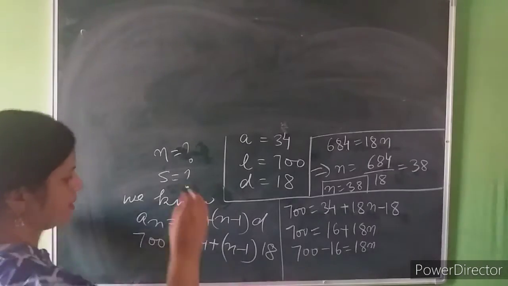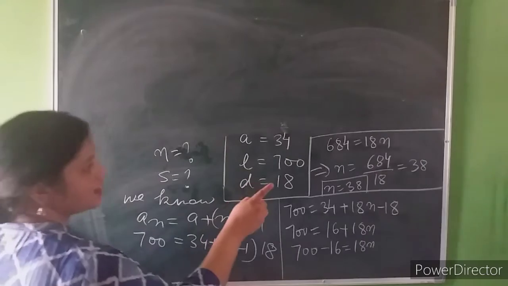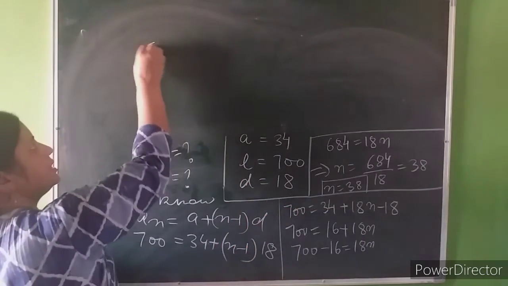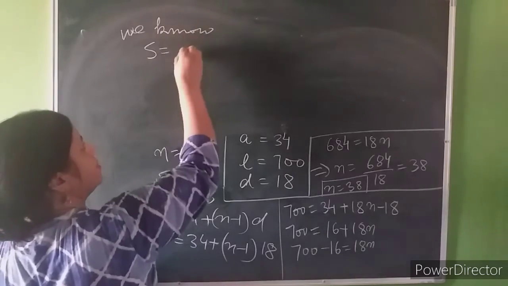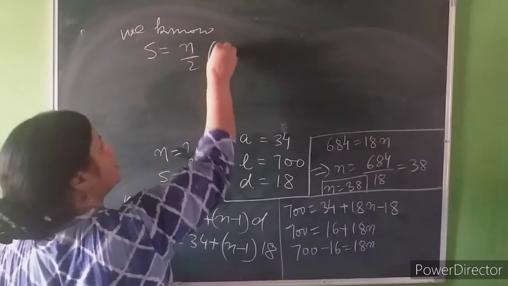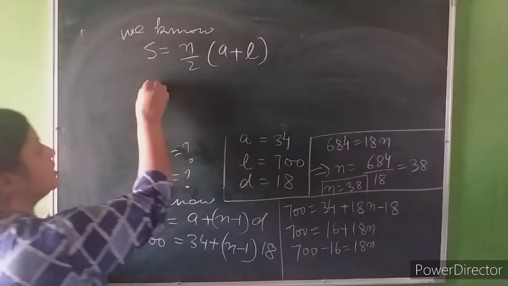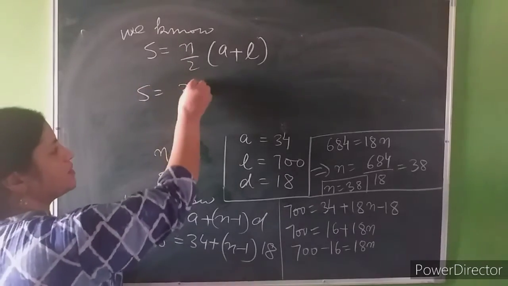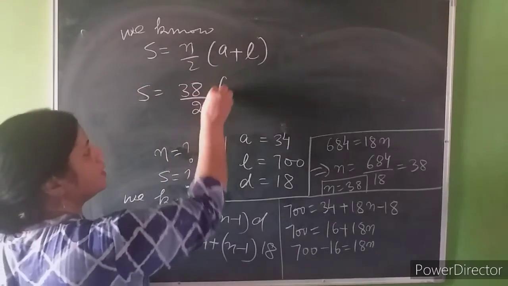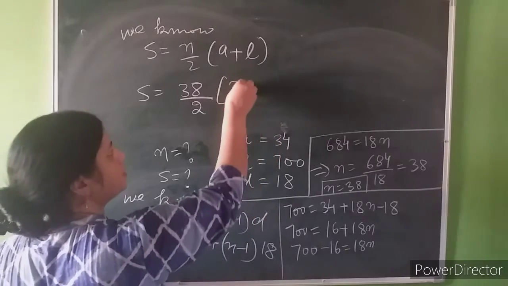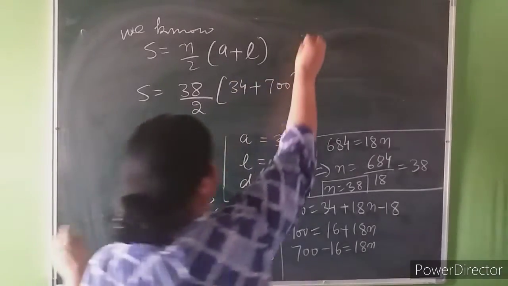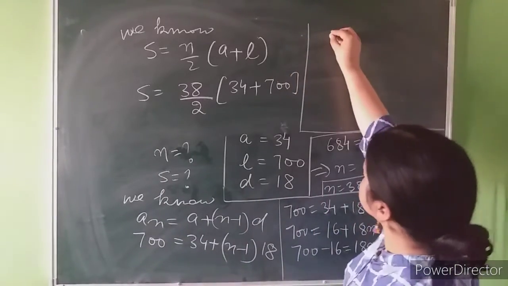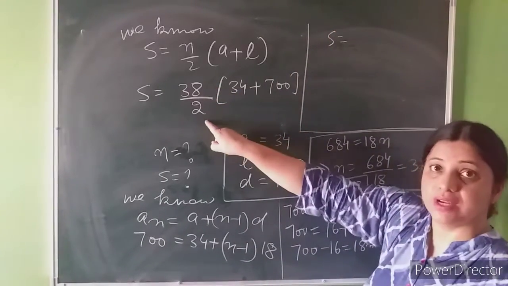Now how to find the sum? Sum we know, because the last term is given, we can find the sum easily. S is equal to, we will write again, we know sum is equal to n by 2 into a plus l. Okay, so put the value of n was 38, just we got this, into a is 34 plus l means 700, right? So we will get from here S is equal to 38 by 2, we have to solve first, right?